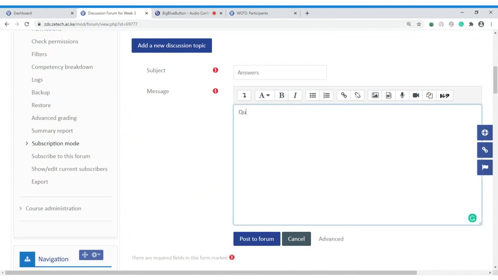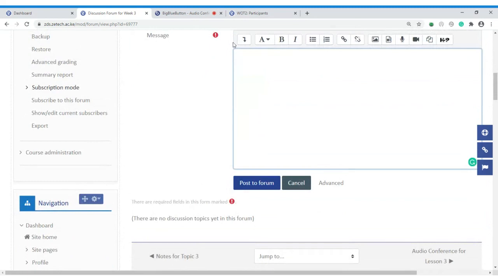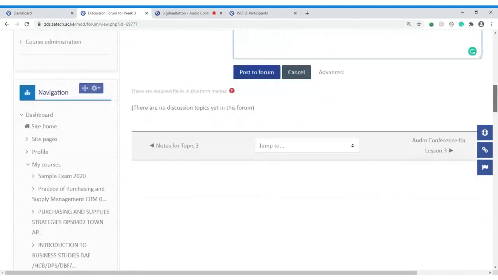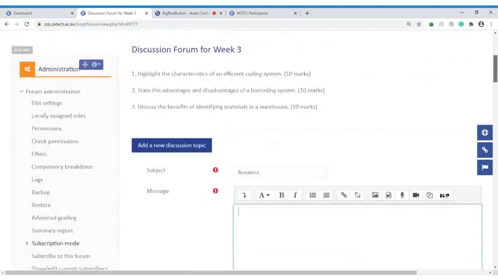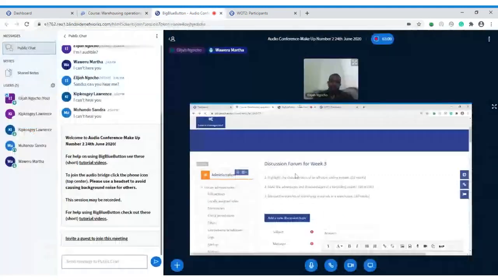Then question 2, type your answers, and then question 3, type your answers again. When you're done, you click post to forum. Remember, I require you to have at least 5 points well explained. Let's try and practice that. Hope that is clear.